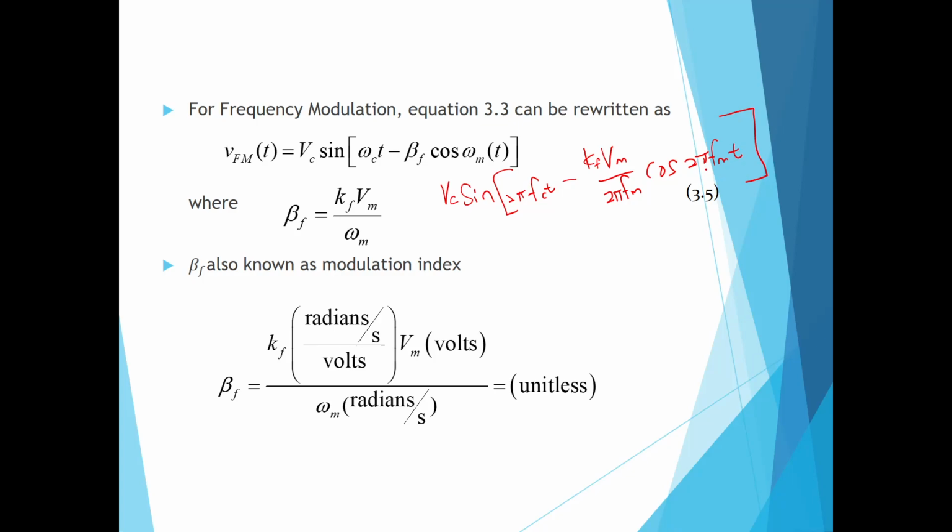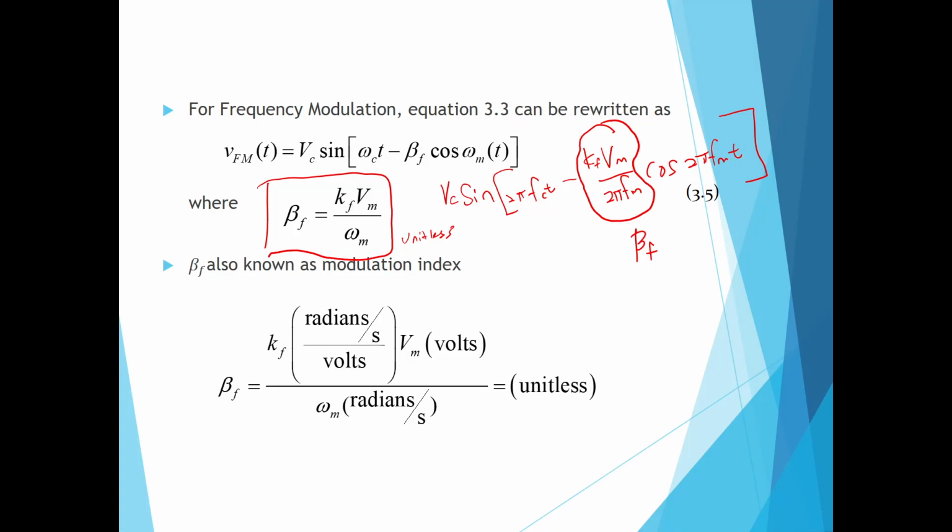We have seen this equation previously for FM, and the whole thing in front of the cosine function is what we call the modulation index beta F. So beta F is equal to Kf Vm over omega m, or over 2 pi fm. There is no unit for beta F; beta F is unitless.